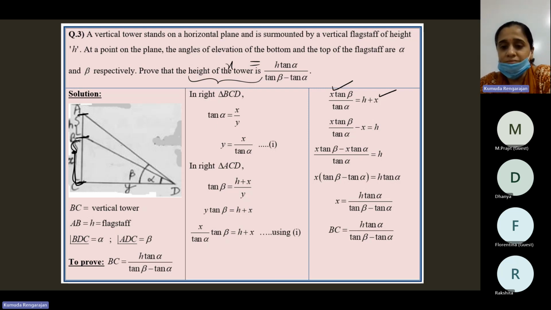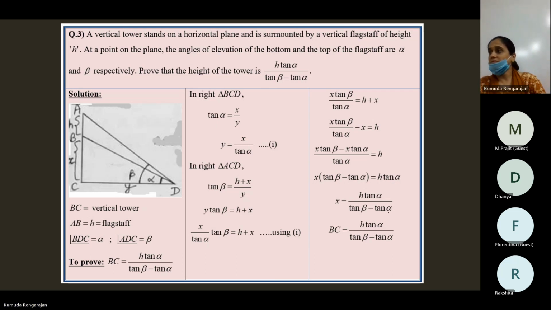I've taken the common denominator, so tan alpha. So you get x tan beta minus x tan alpha is equal to h. Then x is common. So you get x times tan beta minus tan alpha is equal to h tan alpha. So x is equal to h tan alpha over tan beta minus tan alpha.